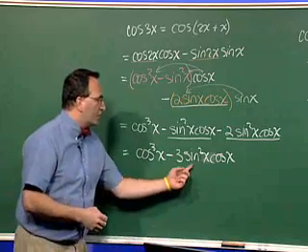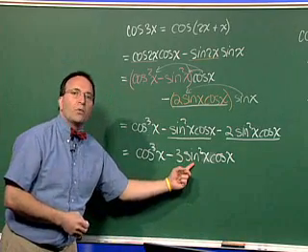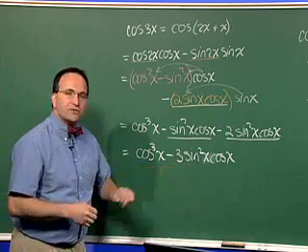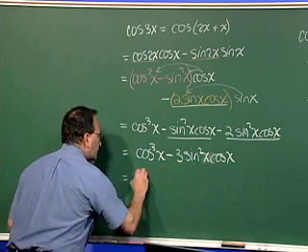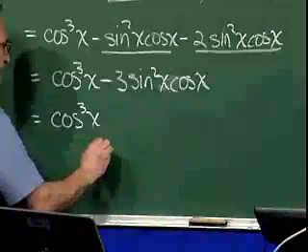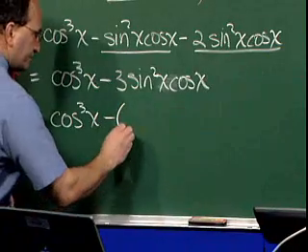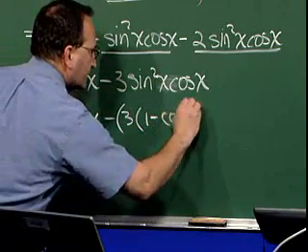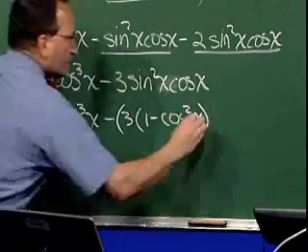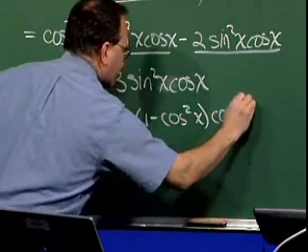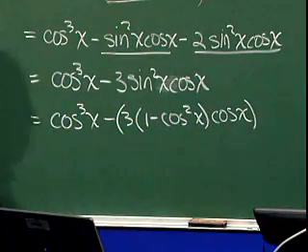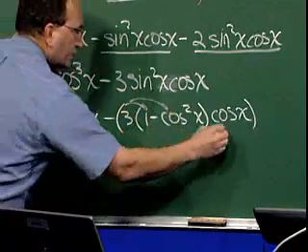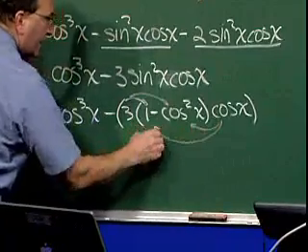So now what we need to do is replace sine squared with its equivalent from the Pythagorean identities, 1 minus cosine squared. So this would be equal to cosine cubed x minus parentheses 3 times 1 minus cosine squared x times cosine x. Well, now what I need to do is both distribute the 3 as well as the cosine x.